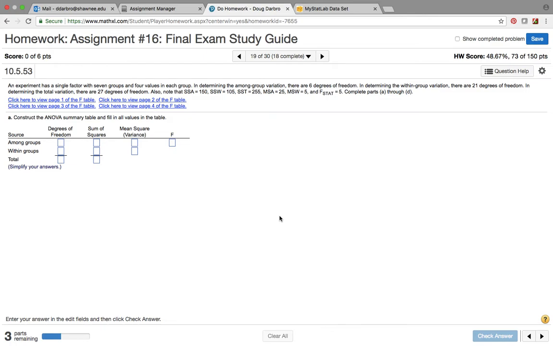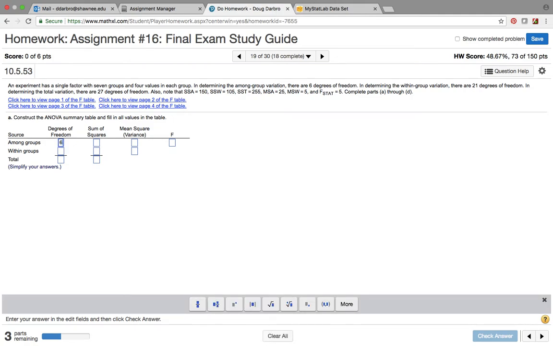In determining the within group variation, there are 21 degrees of freedom. So let's go ahead and do that. Six degrees of freedom for the among group, 21 for the within group, and the total degrees of freedom are 27.